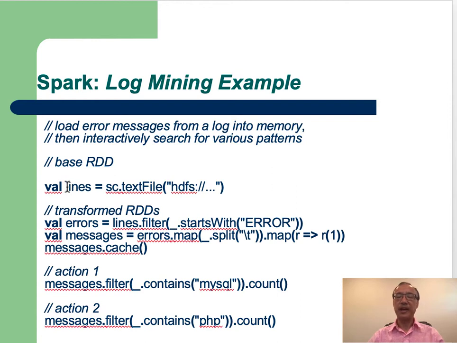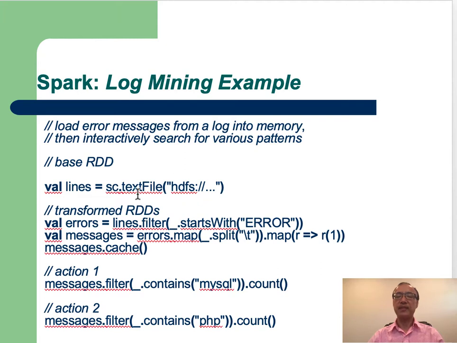After this first RDD is defined, we can define other RDDs. They are called transformed RDDs from this original RDD. For example, errors will be all the lines that start with ERROR.